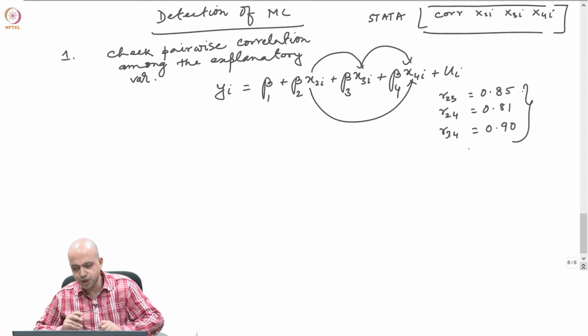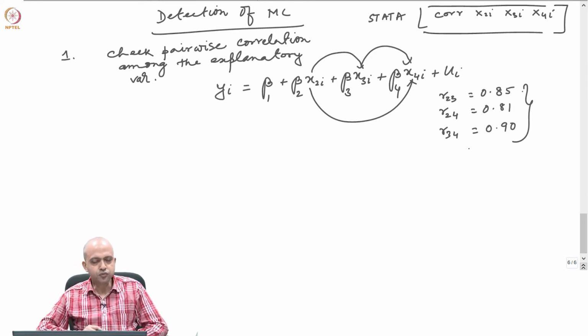If you get this type of result, then you will understand that there is some kind of multicollinearity problem in our data set and we must rectify that.